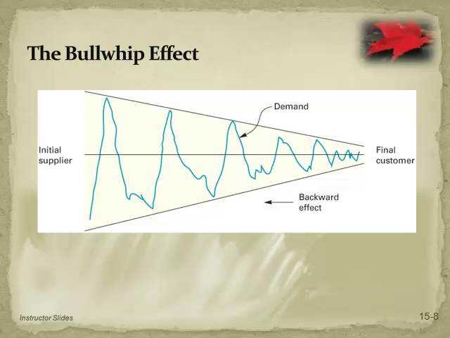So what the bullwhip effect does is this. If you take a look at the far right-hand side where it says final customer, the blue line, you see a little bit of variation, demand going down and then going up.